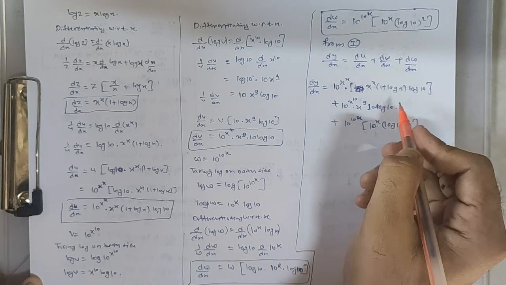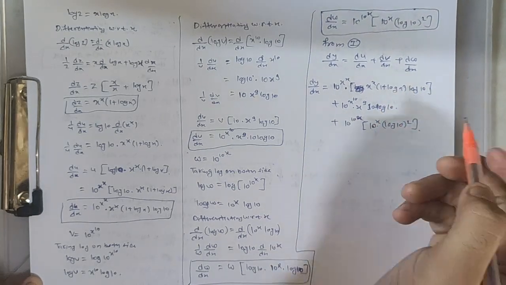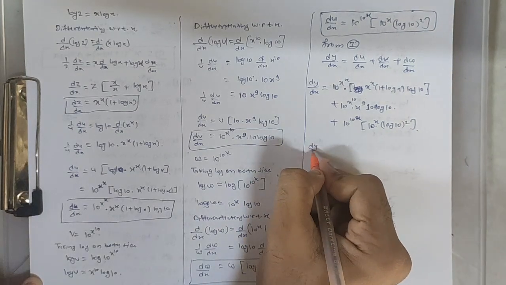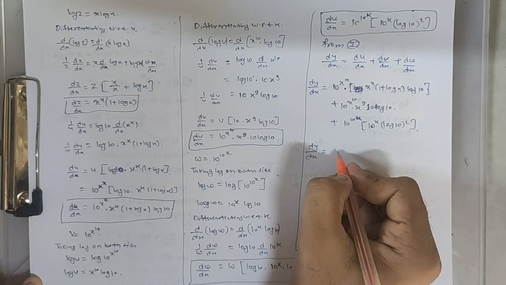We can see log 10, log 10, log 10 square, so log 10 is common in all the terms, so we can take log 10 common.